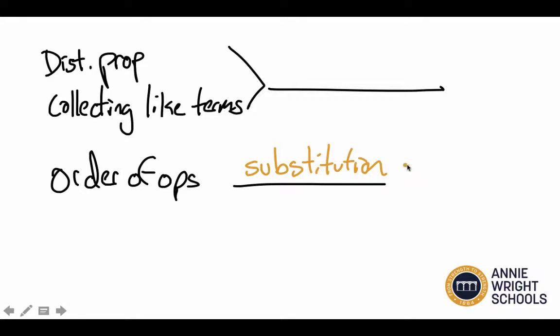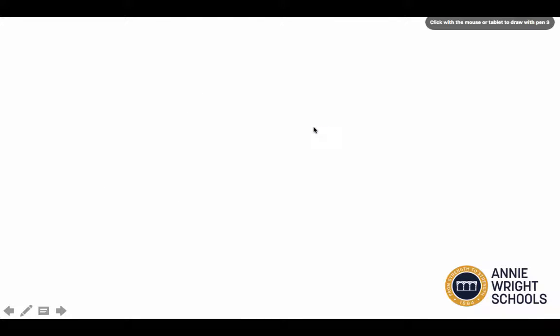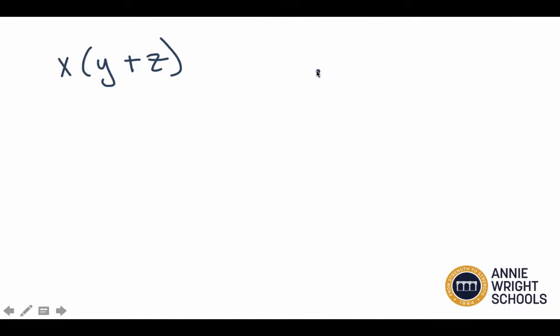One of the things you'll see a lot in high school math are variable expressions. And remember, an expression is anything without an equal sign. So if we have an algebraic expression, something like x times y plus z, it's an algebraic expression. But I may tell you x is equal to 4, y is equal to -2, and z is equal to 8.